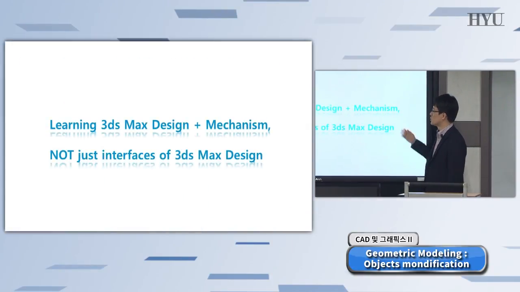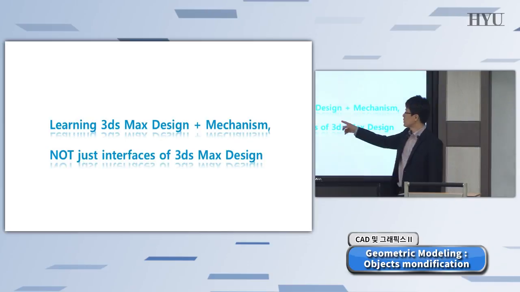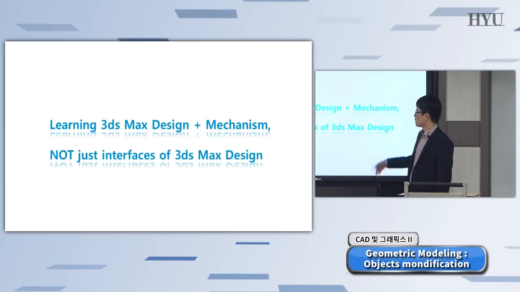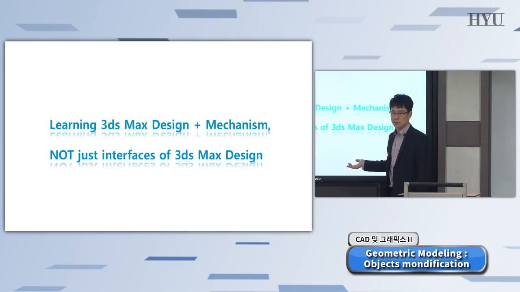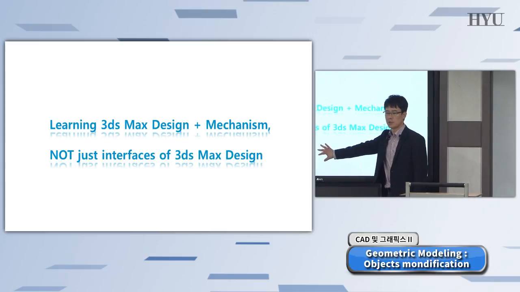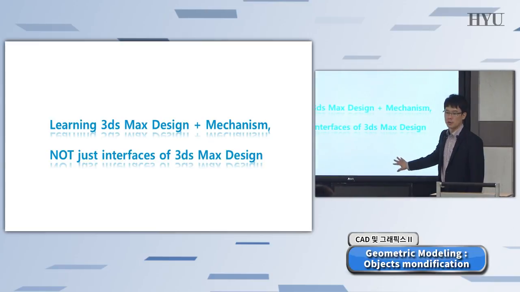Okay, let's get back to 3D Max design. Learning 3D Max design and its behind-the-scenes mechanism doesn't mean just learning the interface. Okay, we have learned that the 3D Max interface is really complicated.